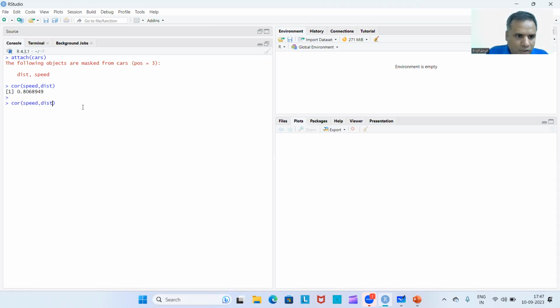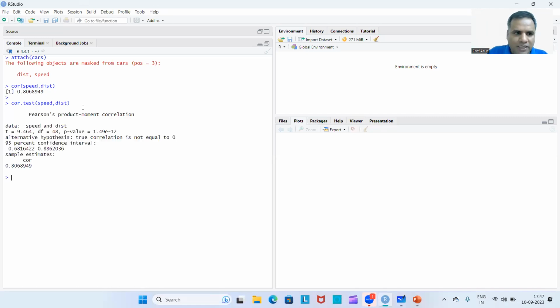One more command we saw is cor.test. You can use it for your hypothesis testing, because here you get p-value, t-value, and confidence interval. Whenever you want to test a hypothesis, focus on these three things. The p-value should ideally be less than 0.05 in order to reject the null hypothesis.